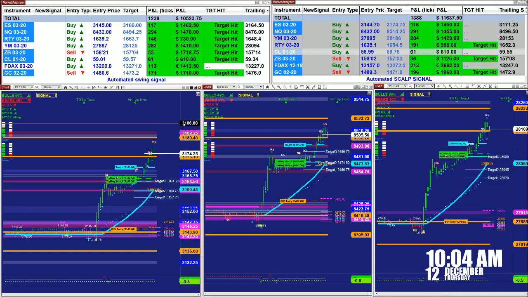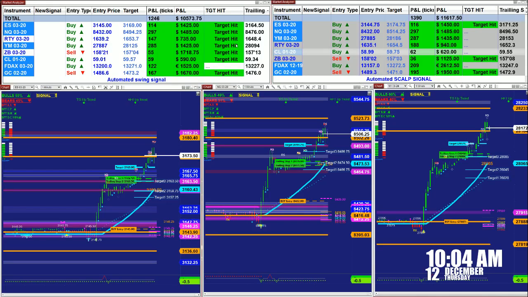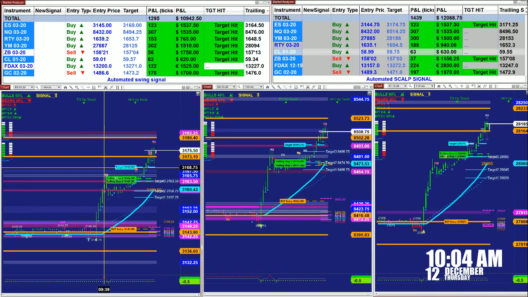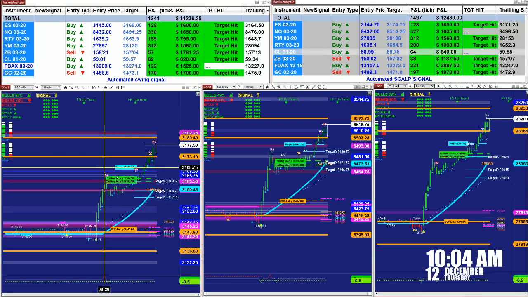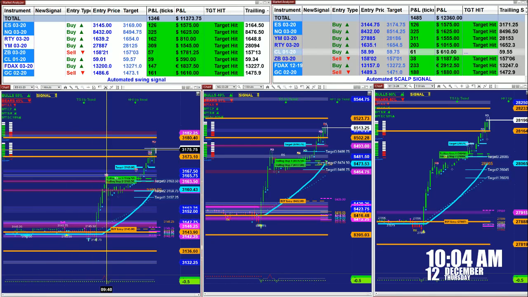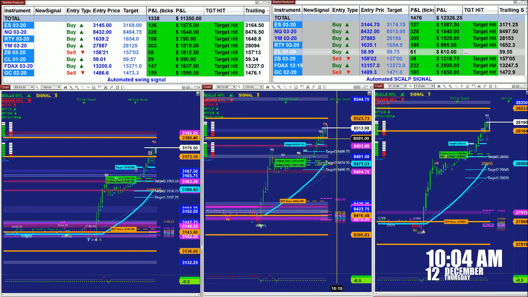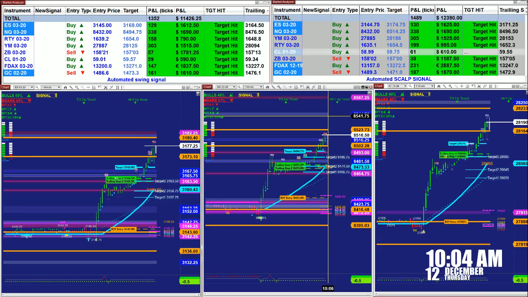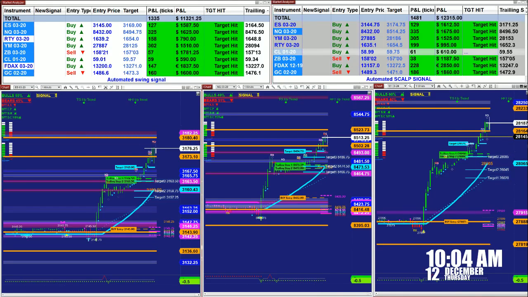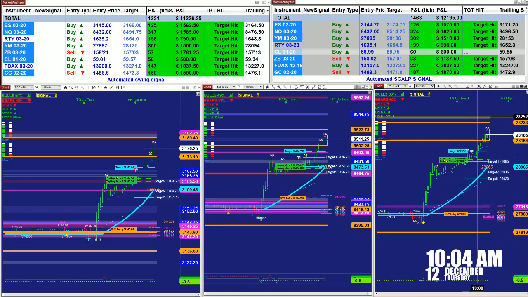I'm trying to see if we can pick up anything at the moment, and there is not much going on. We are done with the long trade, and now we are going to wait until we get a new signal. I'm not expecting the ES to go above the 3181 level, and on the Nasdaq, we're not going to cross the 43.75, and the YM we're not going to cross the 28,252 from now to 12 o'clock.